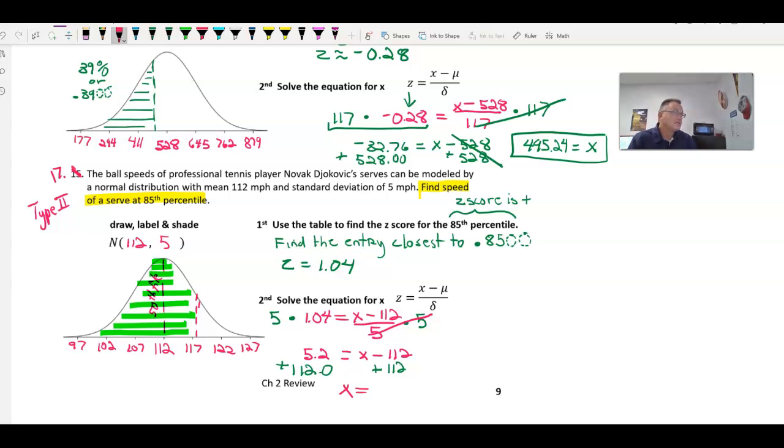And this is what you end up with. X is 117.2 miles per hour.